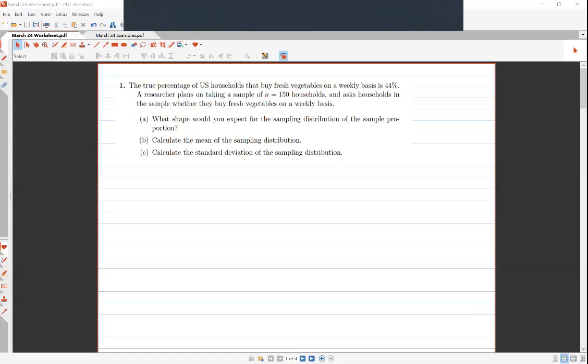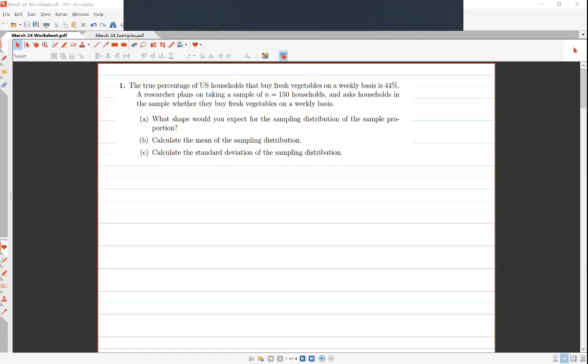So the video yesterday introduced this notion of a sampling distribution. Now, that is a name in statistics that we use to recognize that every time we take a sample and calculate a quantity of interest in the sample, it's going to be slightly different.